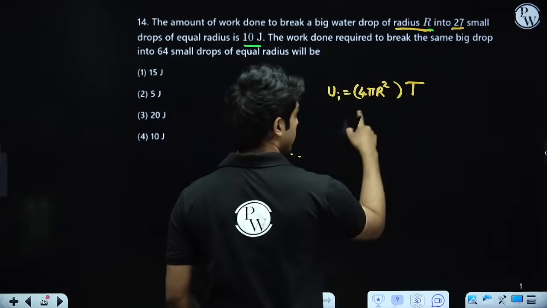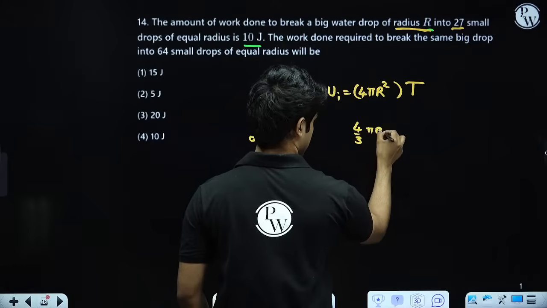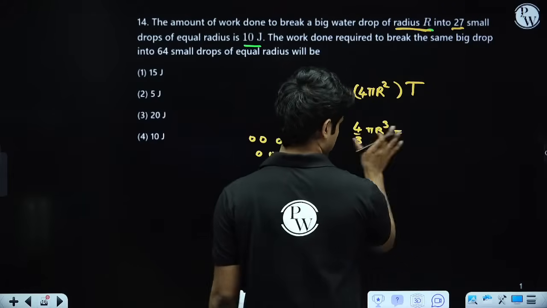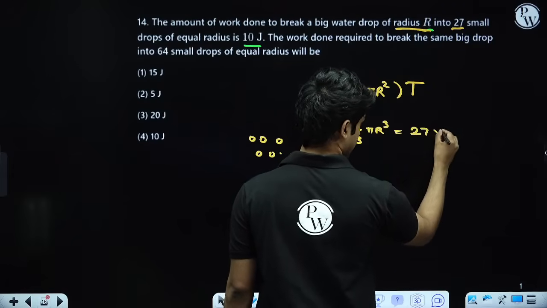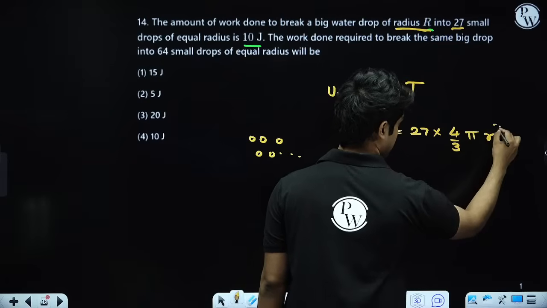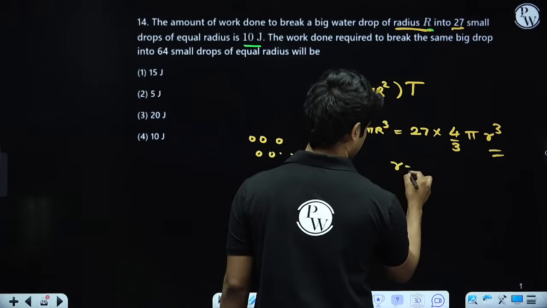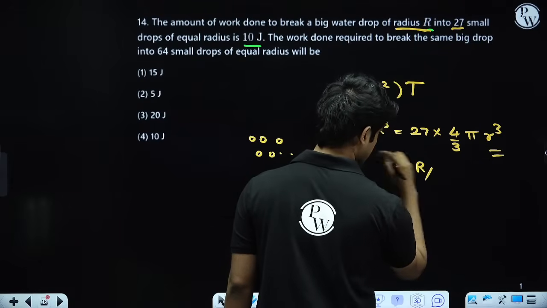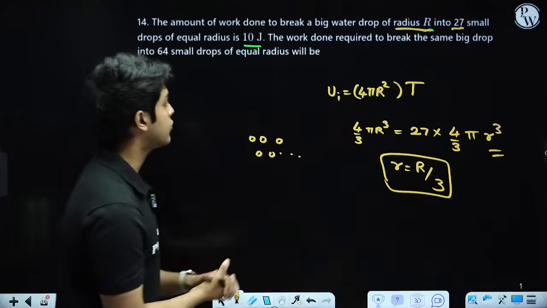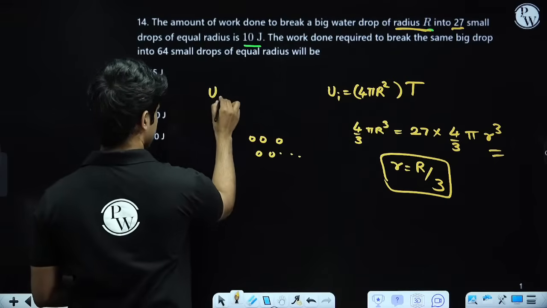The volume of the larger sphere was 4 by 3 pi R cube, and this will be equal to 27 tiny drops, where each tiny drop volume is 4 by 3 pi small r cube. Using this equation we can find small r. It will be capital R divided by 3. So the small drops have 1/3 the radius of the large drop. Now we can easily write the final surface energy.